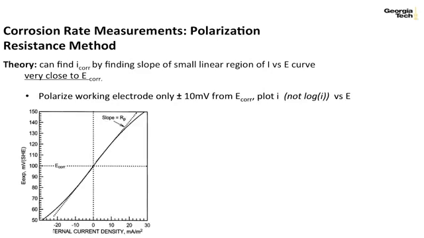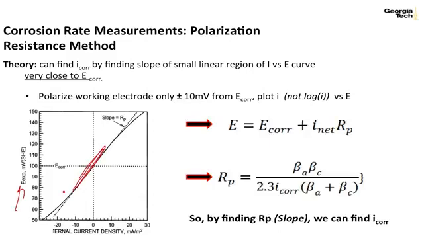When you plot your external current density versus potential, you get a linear part in this type of plot, and the slope of that is called polarization resistance. That polarization resistance can be related to I corr, or corrosion current. So just by finding the slope of this relationship, you can find I corr and use that in Faraday's equation to find the corrosion rate.